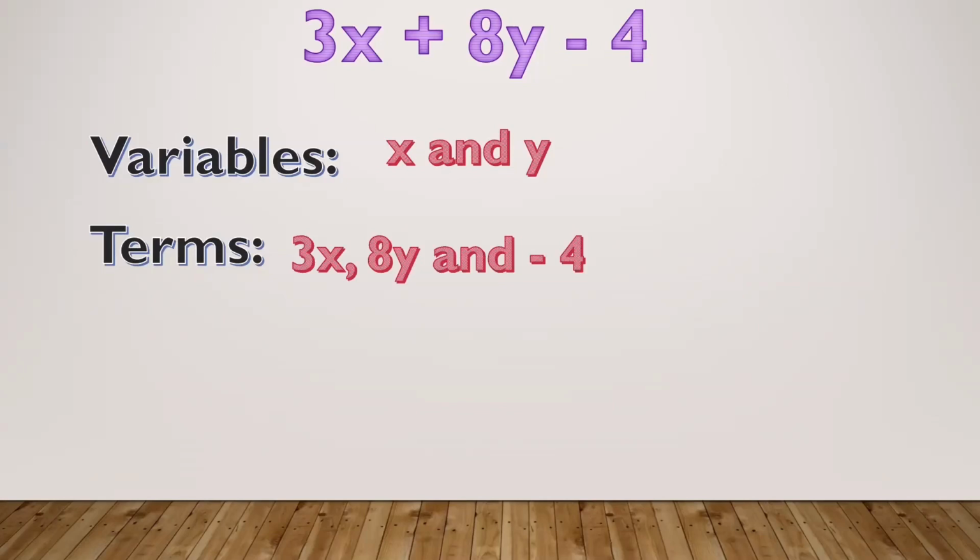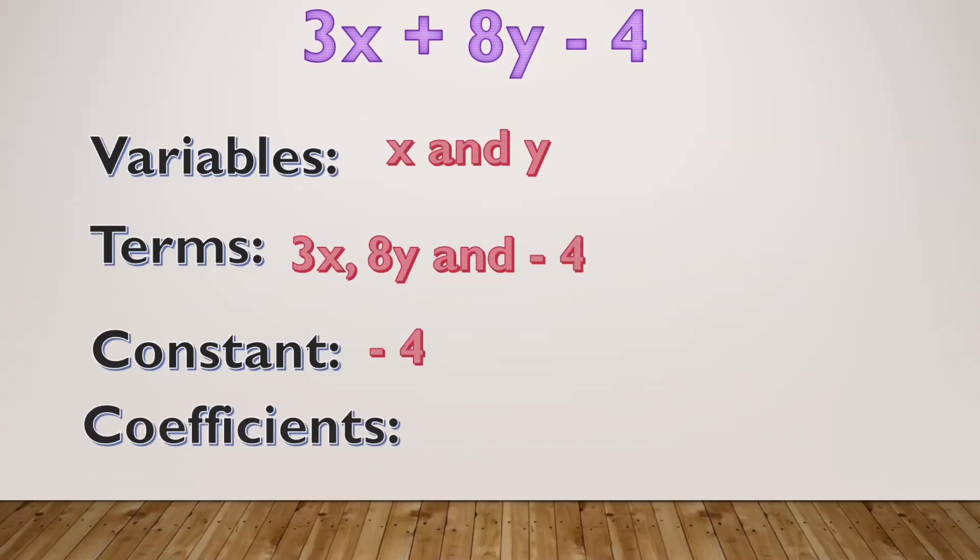Many of you are sitting there and saying, well, that's minus 4. A minus is a negative. The sign in front of the number or term goes with what's behind it. So when we identify our terms, if one of them is a negative, we have to state the negative with it. Constants in this one is negative 4.